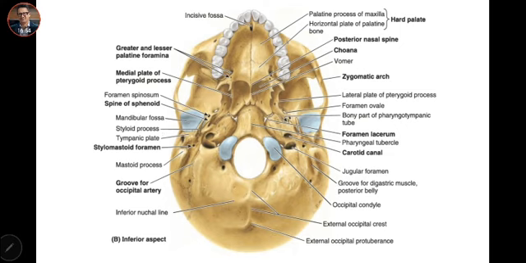First you see the foramen ovale over here, and this is the labeling of the foramen spinosum in the angle of the sphenoid. This is the foramen spinosum, and this is the foramen ovale, important foramina over here.